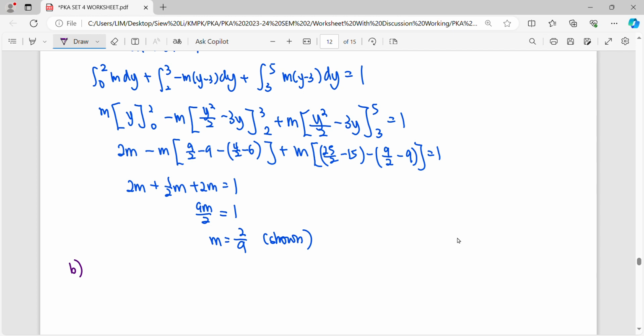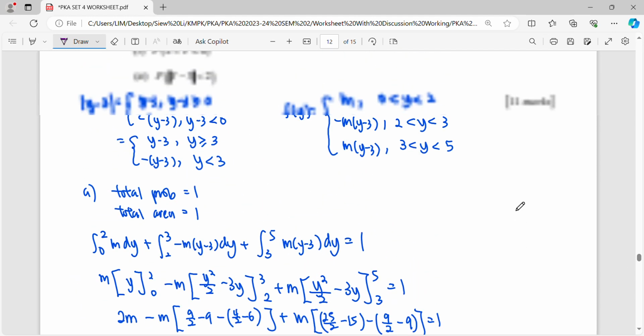Then for question B, finding its probability means finding its area also. Probability in between 2 and 4. So we identify the area, where the 2 until 4 is.